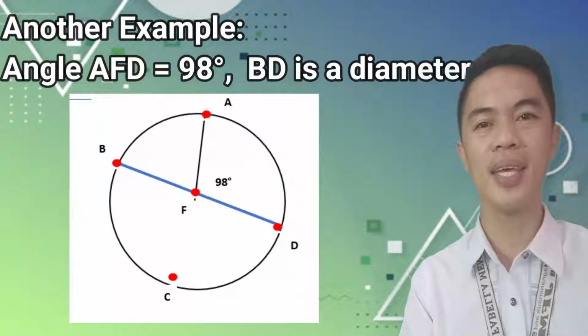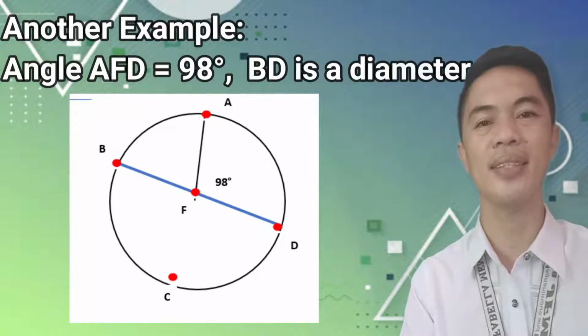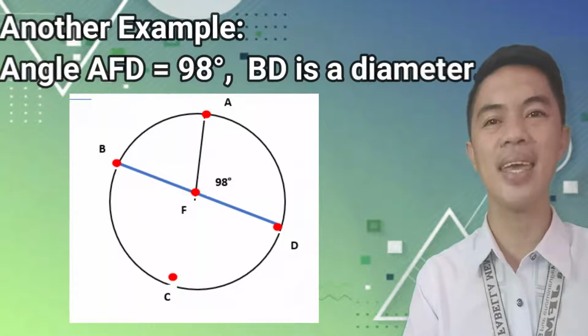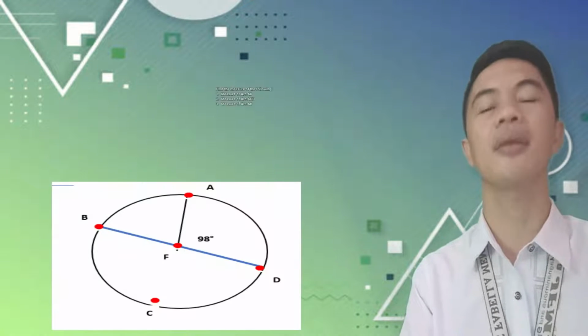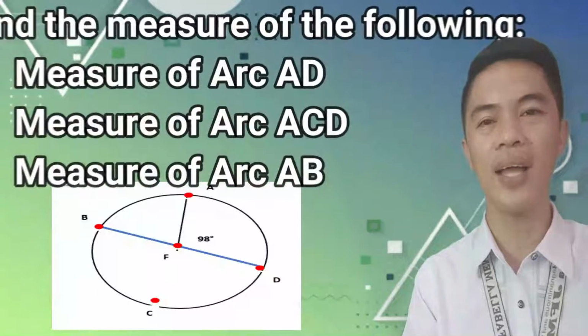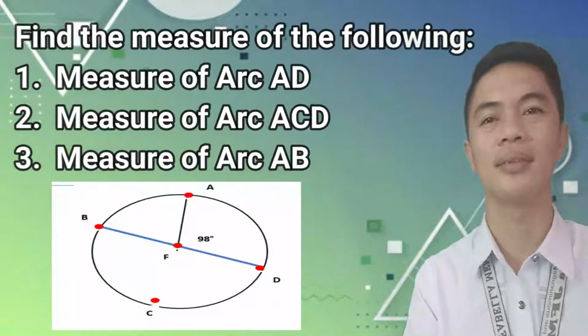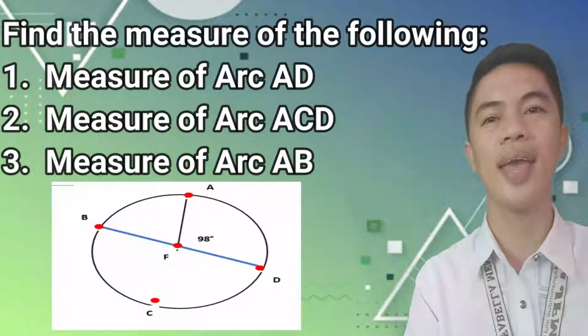Angle AFD is equal to 98 degrees. Line segment BD is a diameter. Find the measure of the following. Number 1, measure of arc AD.